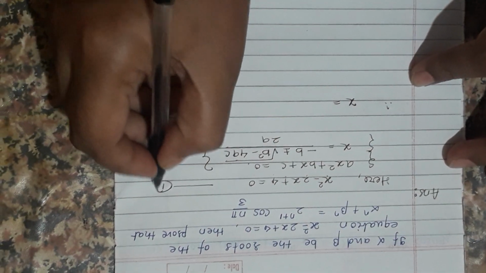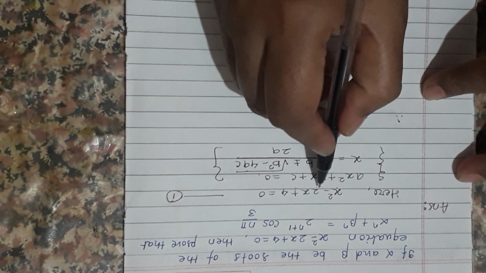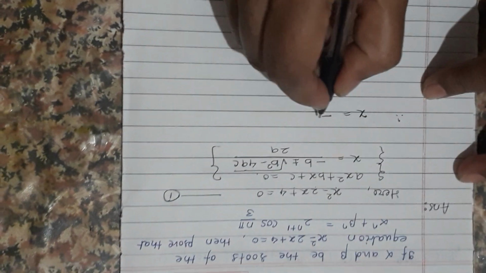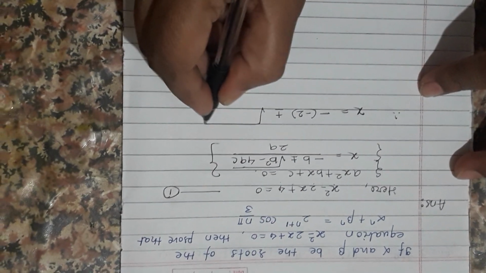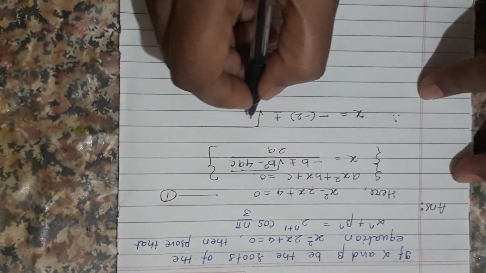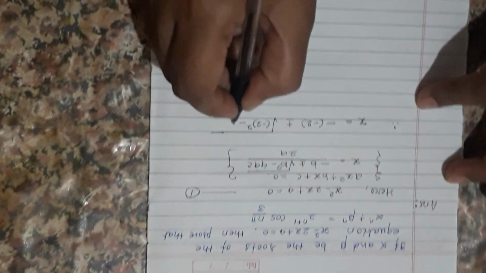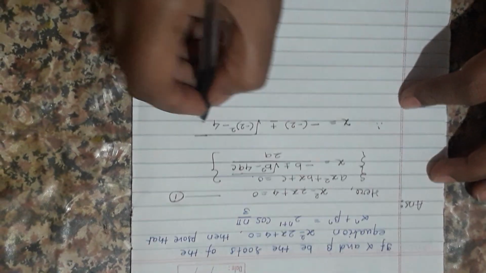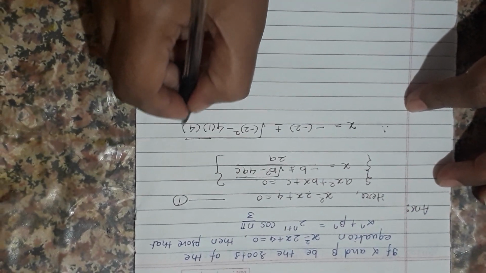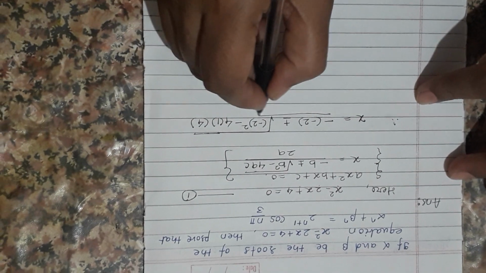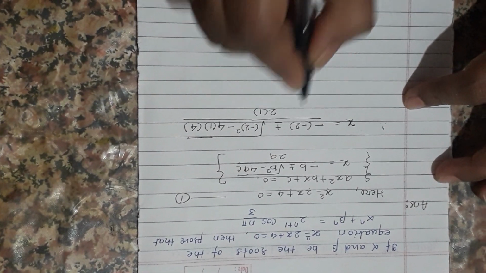We call it equation number 1, and the roots of equation 1 are x equals, as here the value of b is minus 2, so minus of minus 2, then plus minus under root of b square, again b is minus 2, so minus 2 square, minus 4 into a, here the value of a is 1 and the value of c is 4, upon in the denominator 2 into a, again a is 1, so 2 into 1.